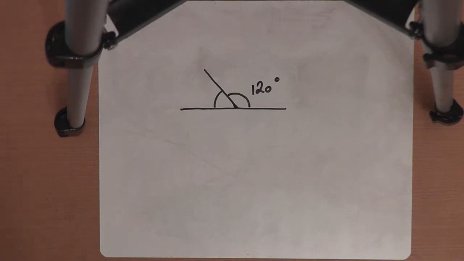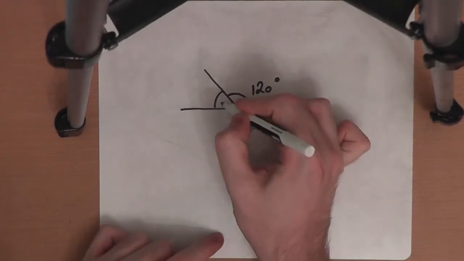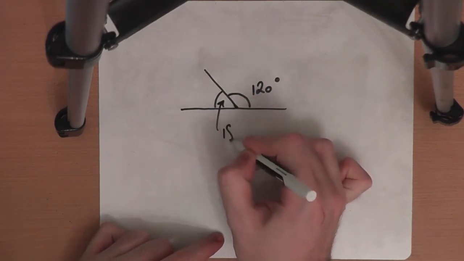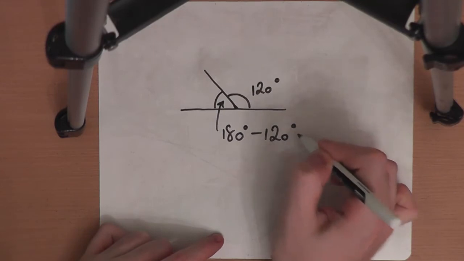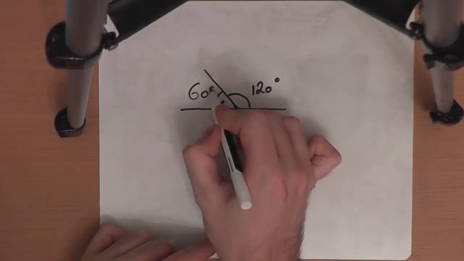What is true about the two angles together? Well, the two angles together make up a half turn. If we turn through the 120 degrees and then through the extra, we end up with a half turn. And a half turn is 180 degrees. So it must be that this angle here will be 180 degrees less the 120, which is 60 degrees.